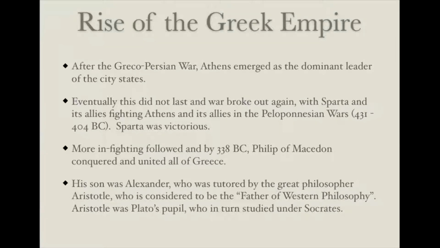And in 338, Philip of Macedon conquered and united all of Greece and became king of the Greek kingdom. It's interesting, because the Greeks actually looked at the Macedonians as a semi-barbarian group.